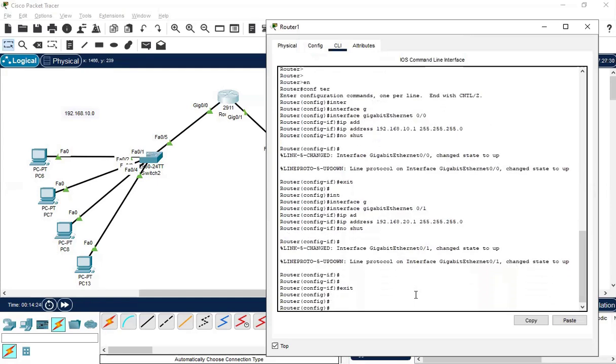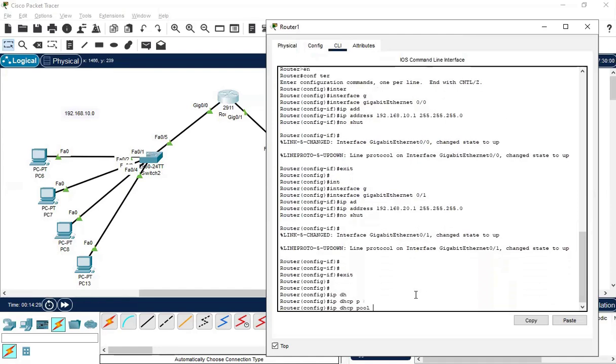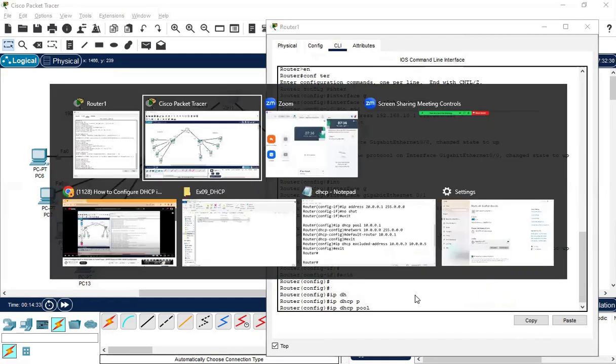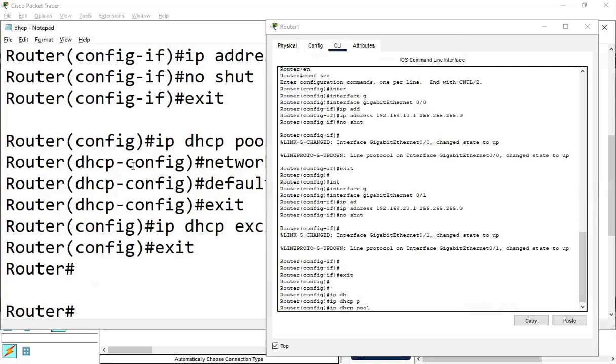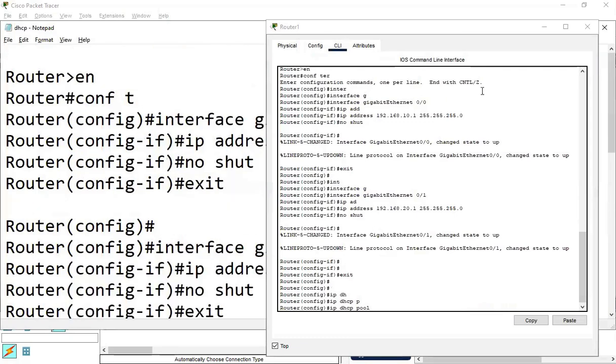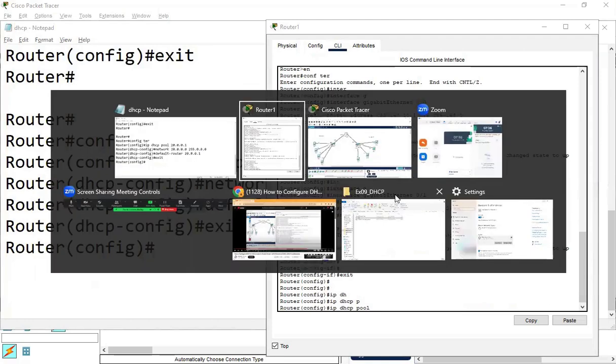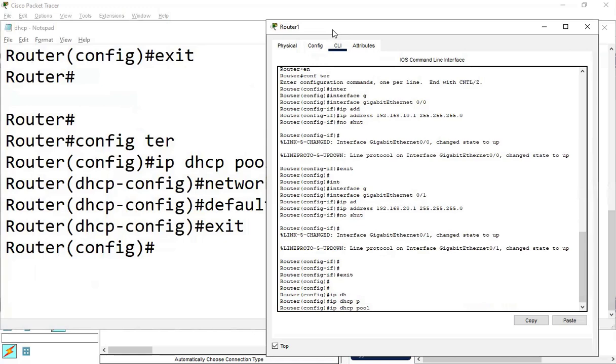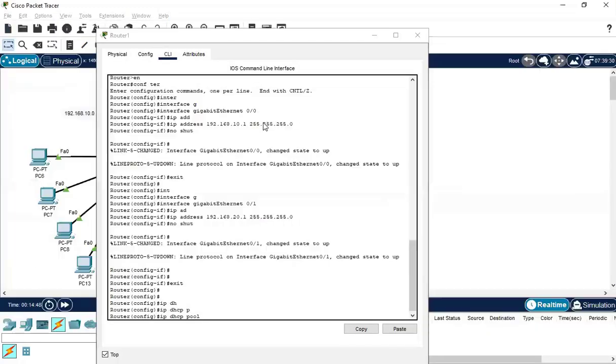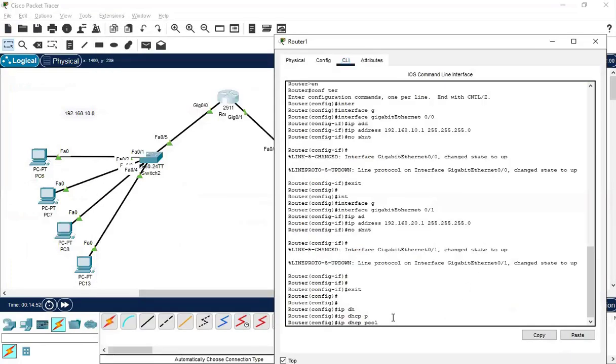What is the command I have to use? ip dhcp pool, and you have to assign a name.